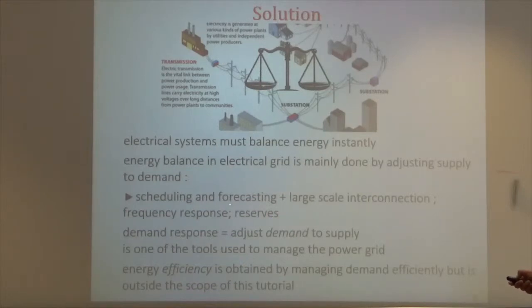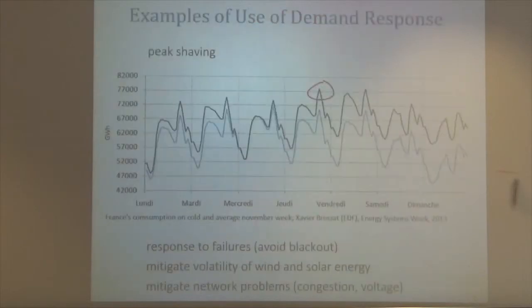Demand response is one way to provide such reserves, as we will see in a number of examples that are being deployed today. Here is an example from a French system. So that's the typical old-style thing, where in the old style the problem is the night because of nuclear and the peak of the day. Right?